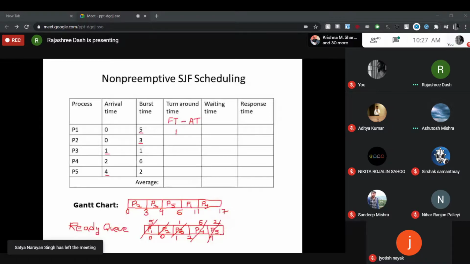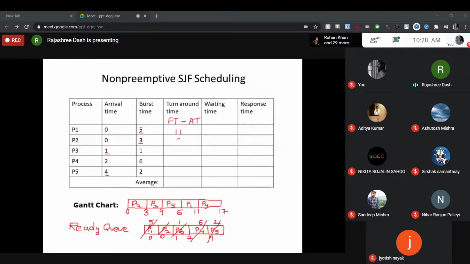Then for P2, what is the turnaround time? The finish time for P2 is 3 and arrival time is 0. So the turnaround time is 3. Correct.